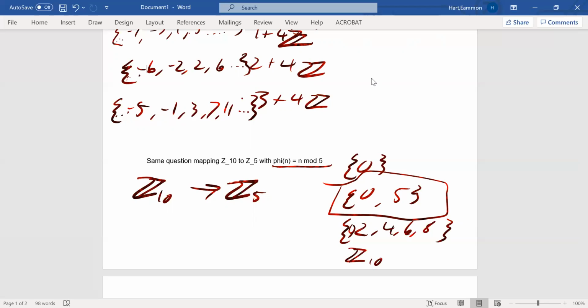So what cosets does this generate? Obviously 0, 5, and then if we add 1, we get 1, 6, etc. Yeah, 2, 7, 3, 8, and 4, 9, right?